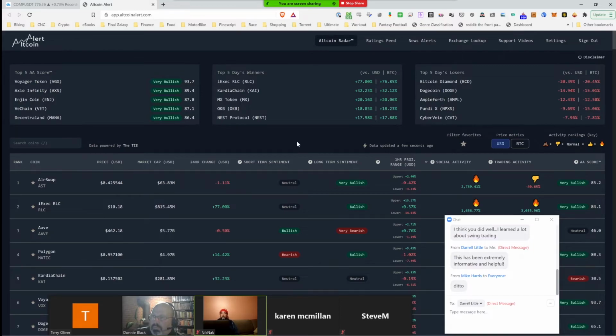You want to compare everything against Bitcoin. If they're doing better than Bitcoin, why would you be trading Bitcoin? Trade these other things that are doing better. When Bitcoin starts to fail, these are going to fail, but not as much. And when Bitcoin bounces back, these are going to bounce back higher because they're naturally performing better than Bitcoin.